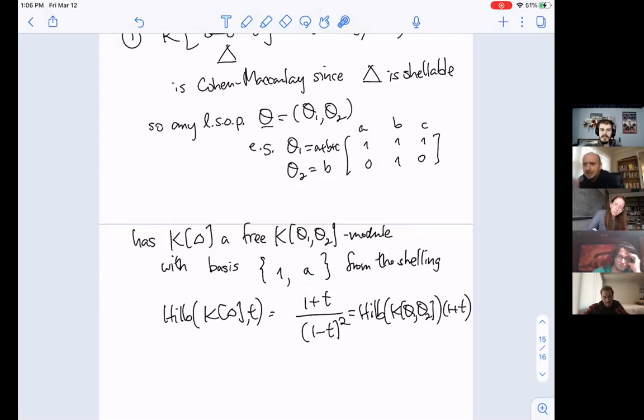Sound right? This is the Kind-Kleinschmidt theorem. We proved it using shellability.